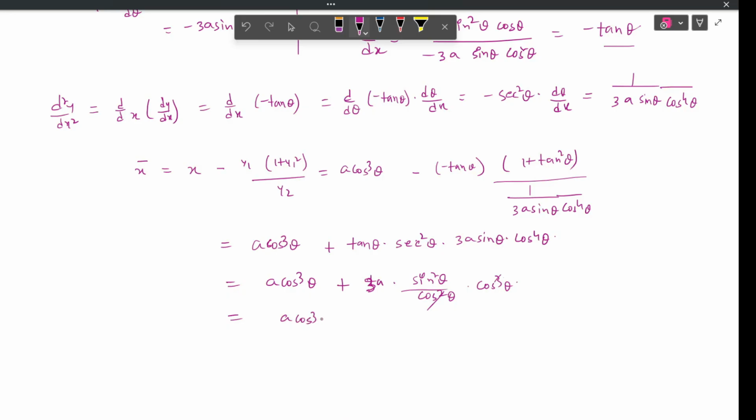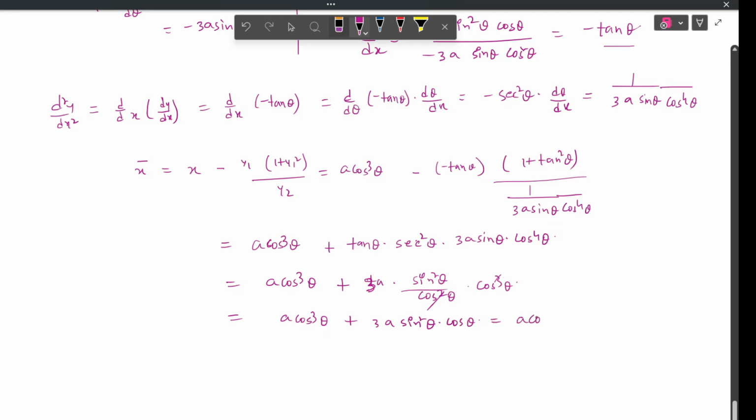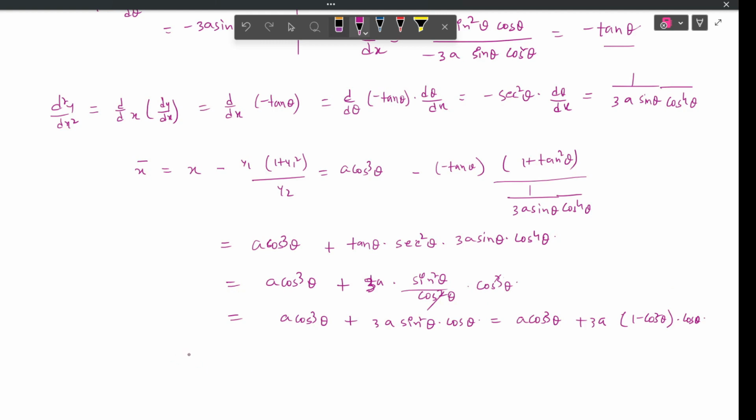Ultimately, a cos cube theta plus 3a sin square theta into cos theta. In place of sin square theta, you can write 1 minus cos square theta, into cos theta.